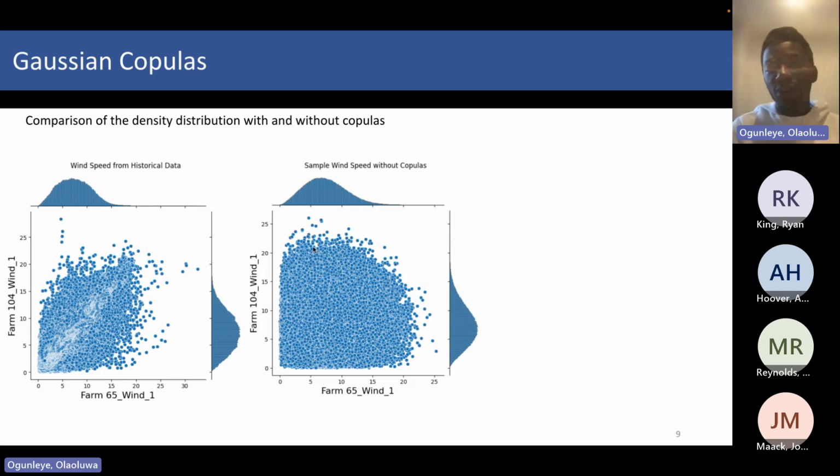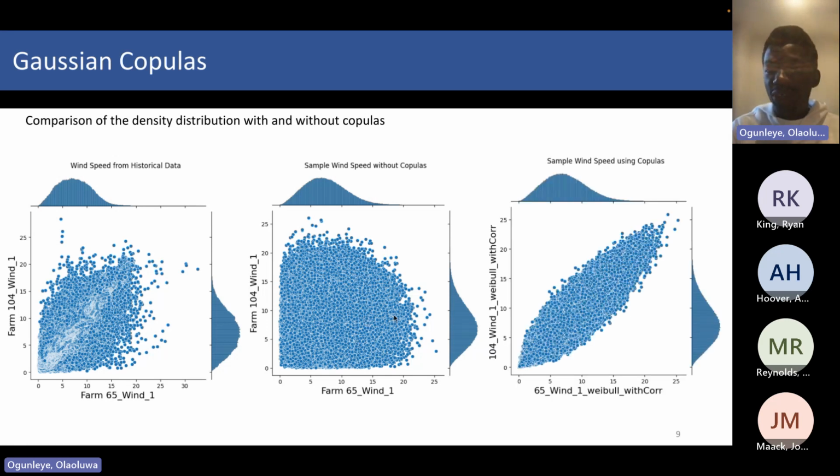This is not too bad, but one thing we do not see is the pattern of the correlation between them. The joint distribution doesn't really quite align. Whereas when I use Copulas, we can see that Copulas is able to predict the correlation between these two wind farms more closely than without using it.